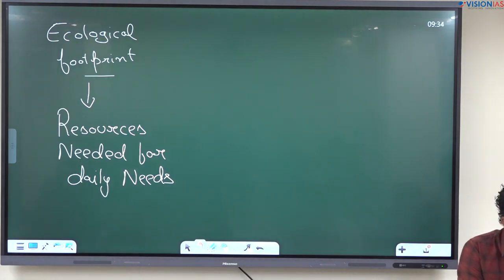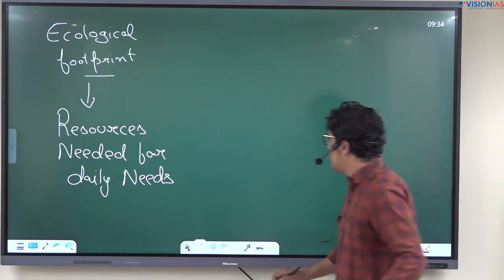We will understand the second definition which comes in your newspapers and current affairs, ecological debt. What is ecological debt?